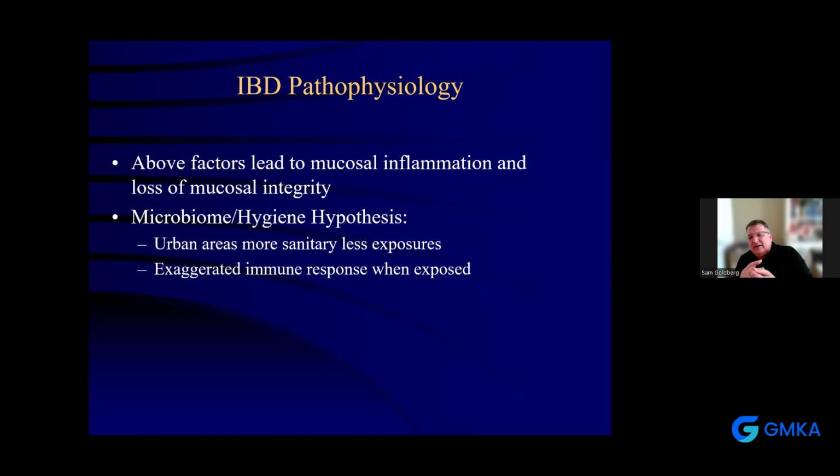You have granulomas, and then you have clinical presentation. When I say clinical presentation, I mean bloody diarrhea versus mucousy diarrhea, crampy abdominal pain versus urgency. So you have to look at all six of those to determine whether you think it's ulcerative colitis or whether you think it's Crohn's.